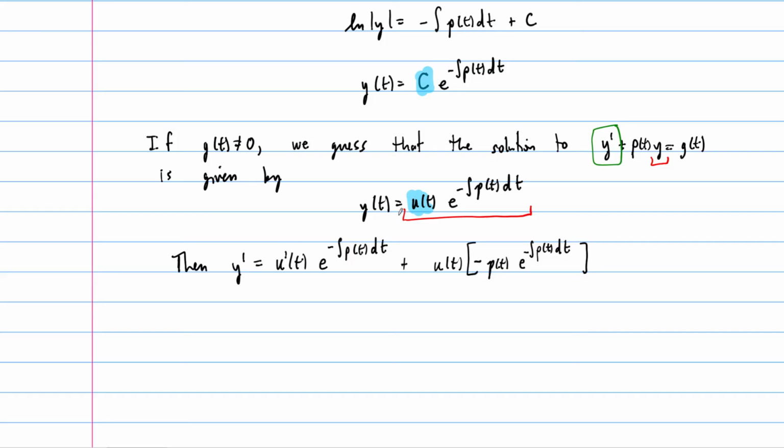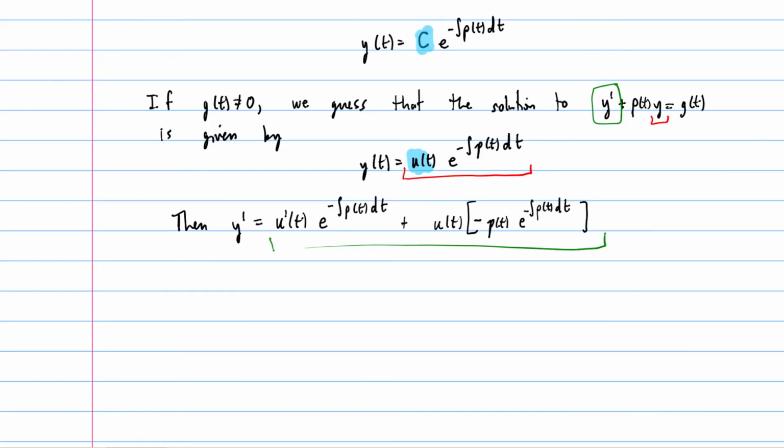And then we plug this all back into the equation. So this goes in for y. All of this goes in for y prime. And then we'll see if we can solve for u in terms of g. So at this point, we have the following. u prime e to the minus integral p dt plus, this one is negative actually, right?